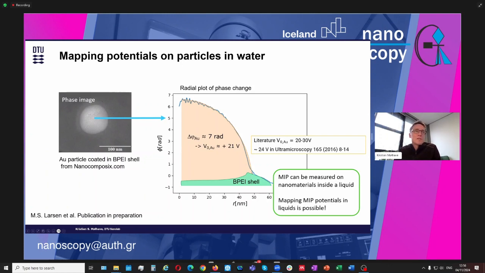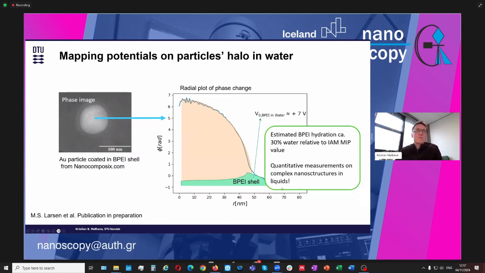And also we can begin to map out the phase change that the electrons experience in this polymer shell. If we know the unhydrated solid polymer mean inner potential, which we can calculate theoretically, then we can begin to predict how much water is actually in here.